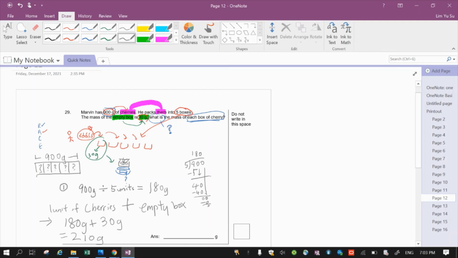So that is the answer for this question, 210 grams. Check the units. If you like, you can do the reverse multiplication to check the answer. So that's for question 29.